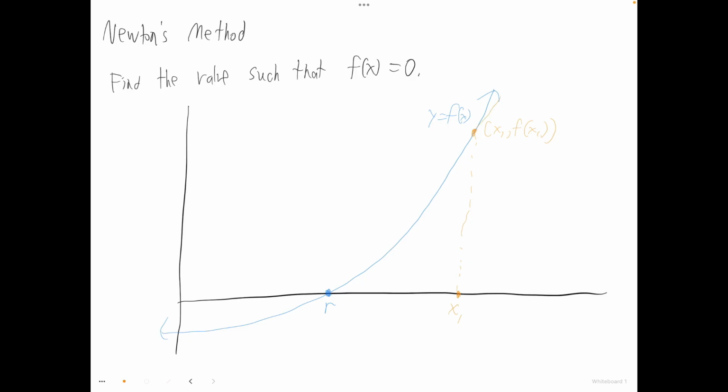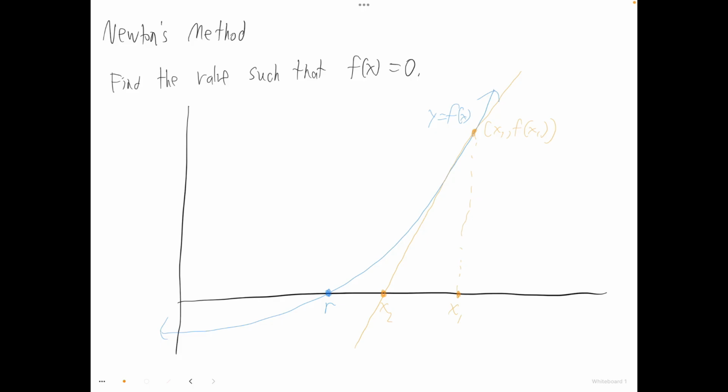Assuming we didn't pick a place where we had a critical number, which we'll talk about in a minute, this tangent line will intersect the x-axis somewhere. We're going to call this point x sub 2.